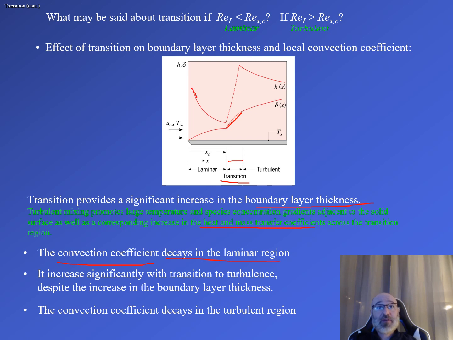It then increases significantly with the transition to turbulence, despite the increase in our boundary layer thickness. You can see that steep slope in our transition region. And then the convection coefficient decays in the turbulent region, as we discussed before. So these are the effects of transition on our boundary layer thickness, our delta, and our local convection coefficient, h.